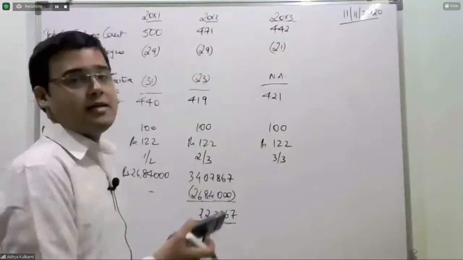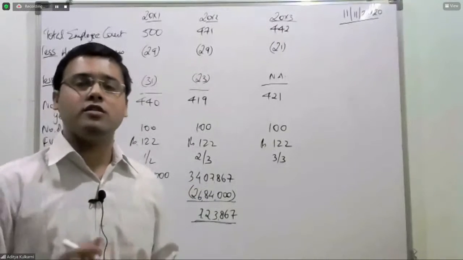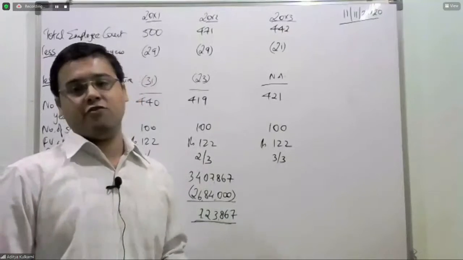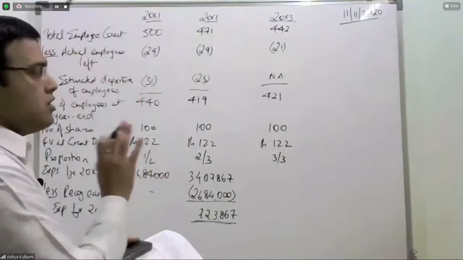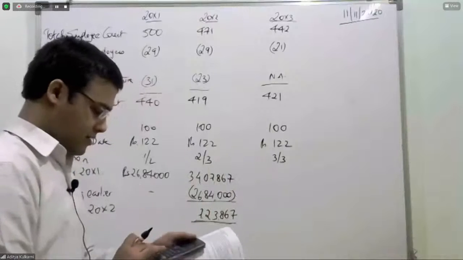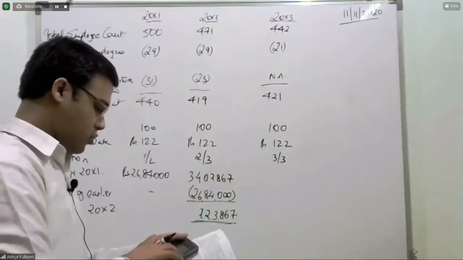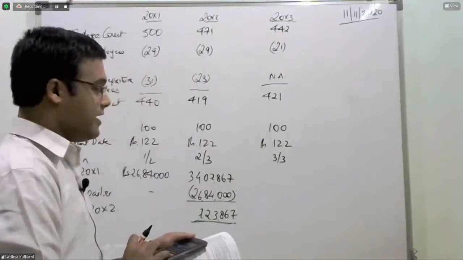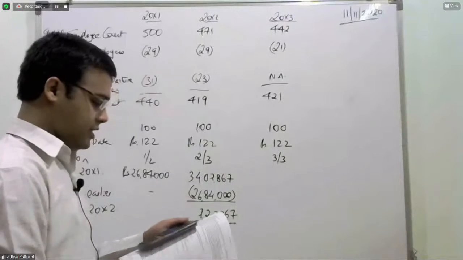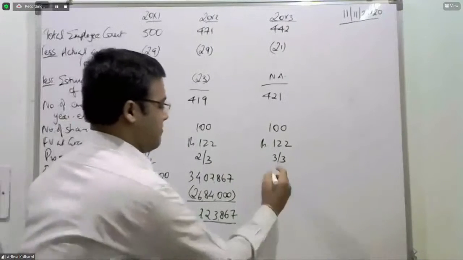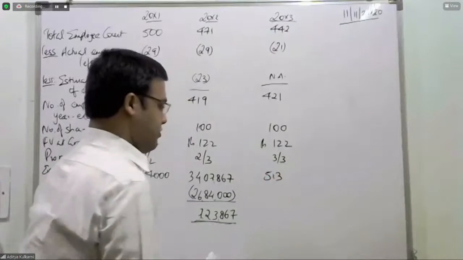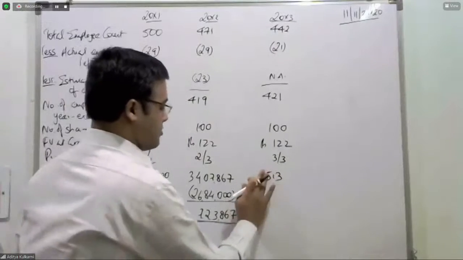Henceforth, there will not be any vesting period; it will be only exercise of options. So the proportion is 3 by 3. So 421 employees into 100 into 122. Your total expenditure should have been 51,36,200.